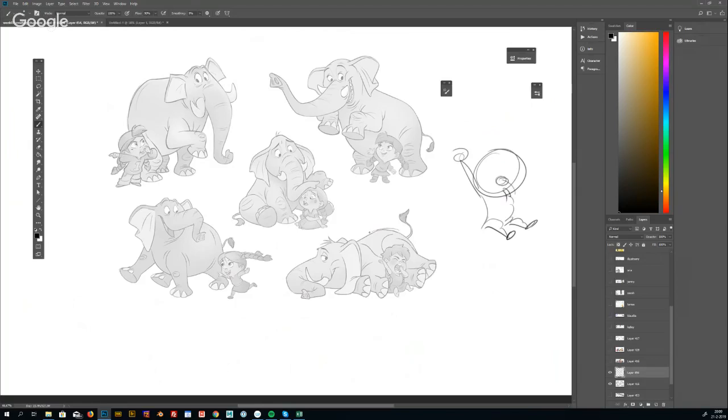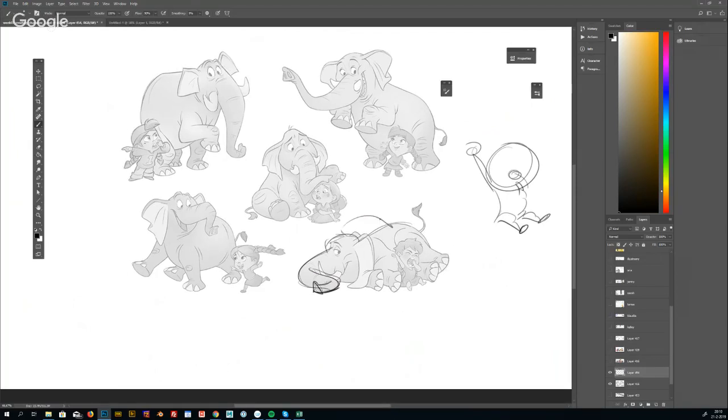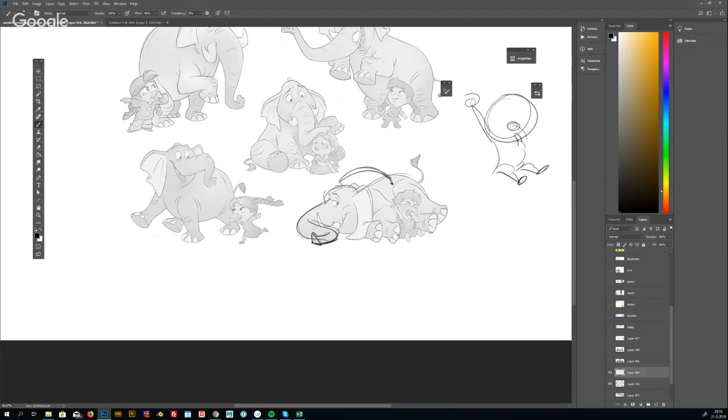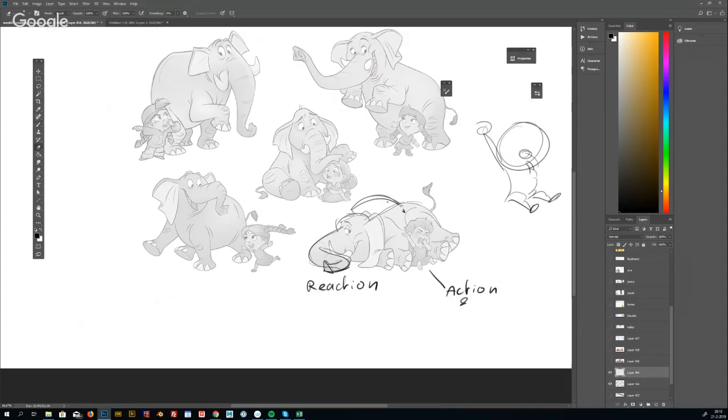So that's why I added the elephant, and it was also a children's book story I had in mind. And this works well because you have two characters, and then you have action and reaction. So that tells a bit more about the character and stuff.